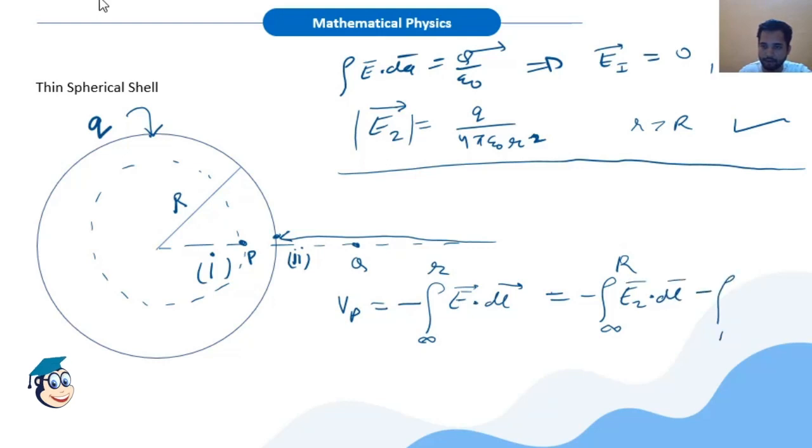minus integral from R to that small r. This is small r. Okay, in this region we have electric field equal to E1, and E1 itself is 0. Let me write this E1 dot dl, but we know E1 itself is 0, so this quantity would become equal to 0.